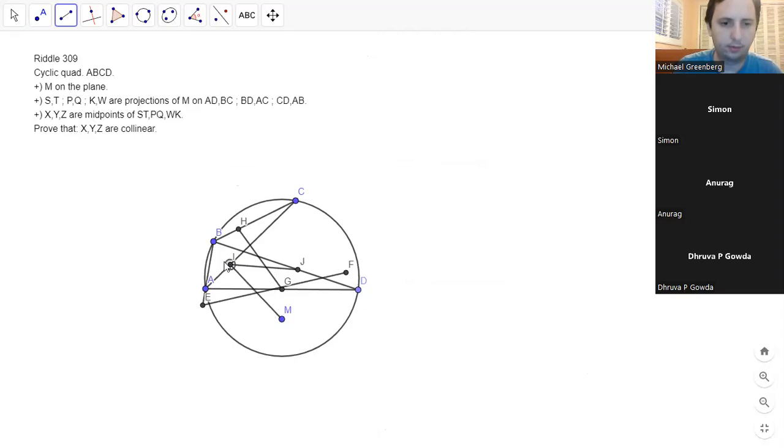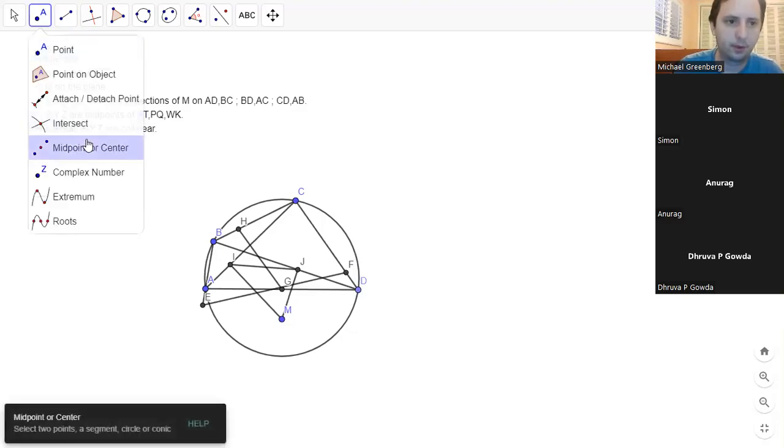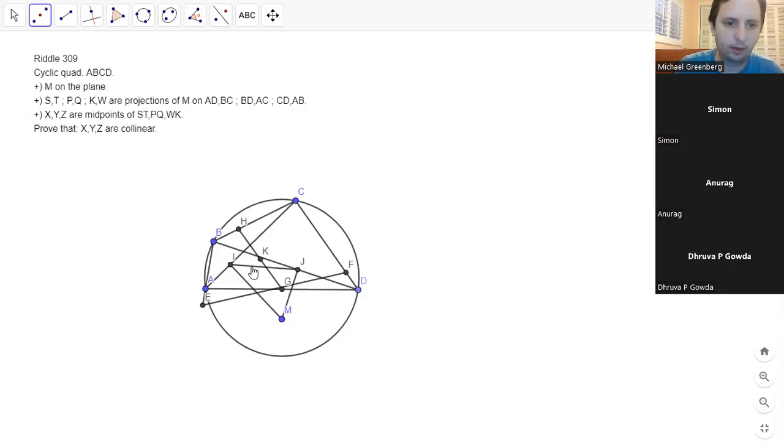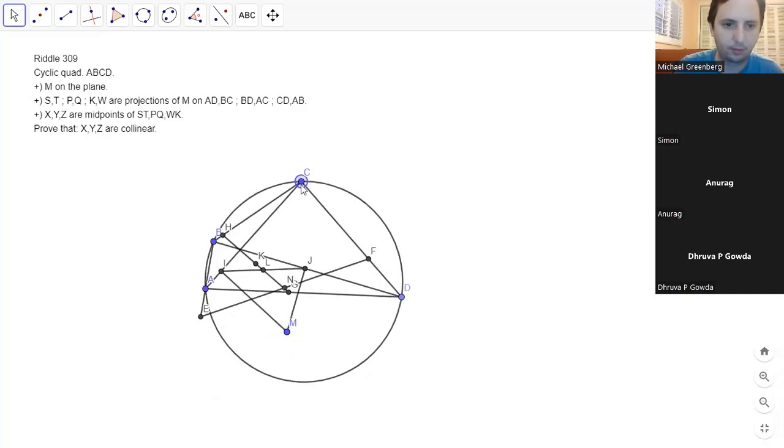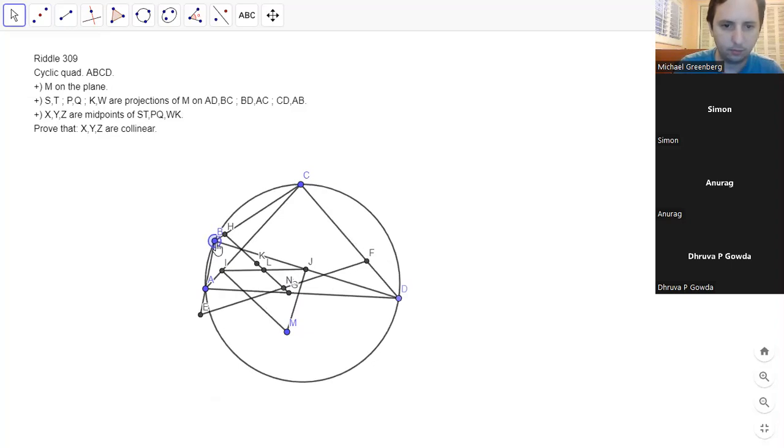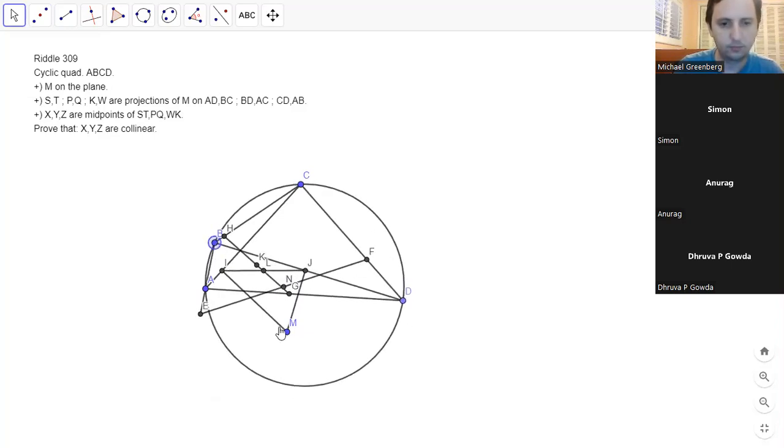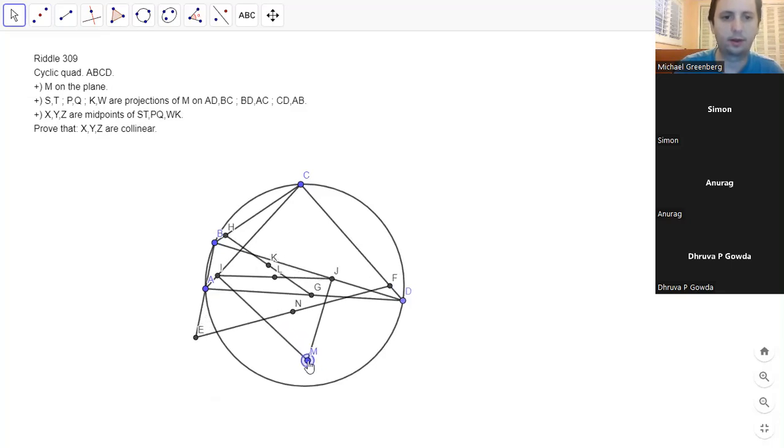But we have all these perpendiculars and midpoints, and we want to show that the midpoints of these segments are all collinear. It looks like they're collinear, and they don't pass through M. Let's make this a little bigger. So something like this. I kind of like that diagram.